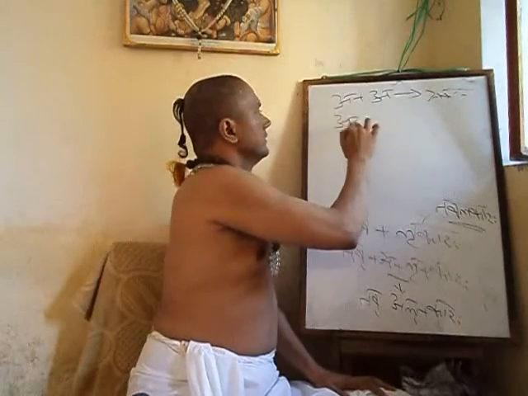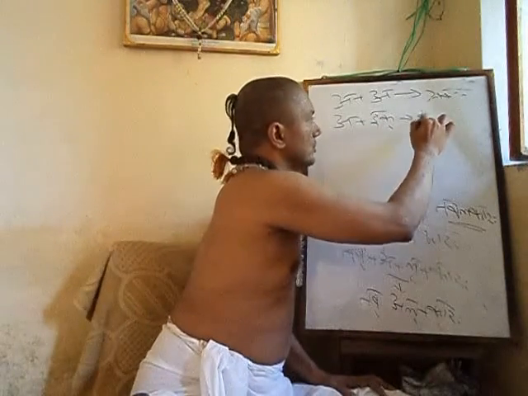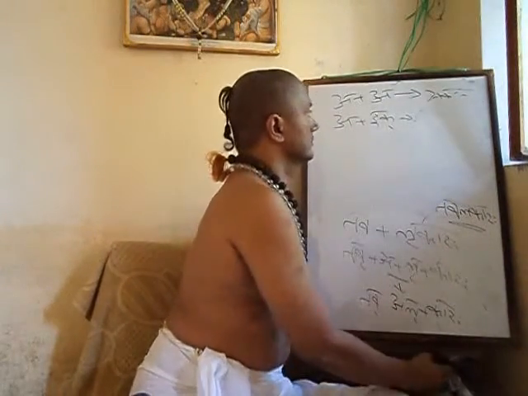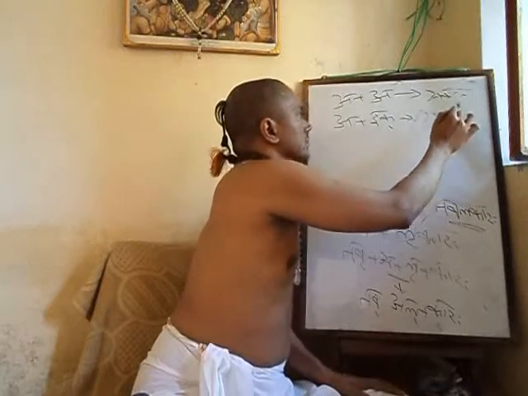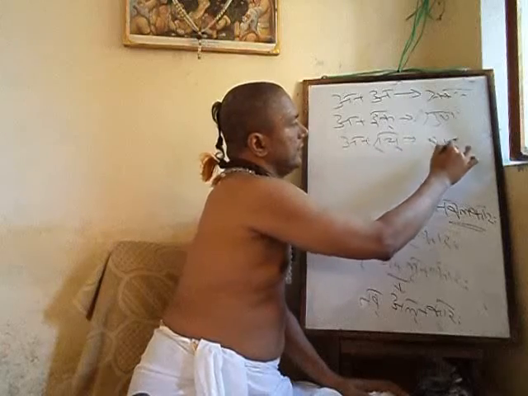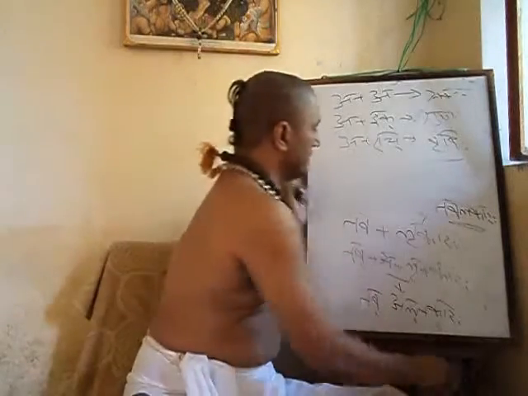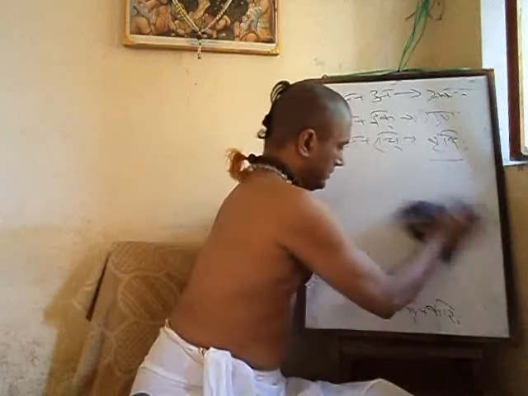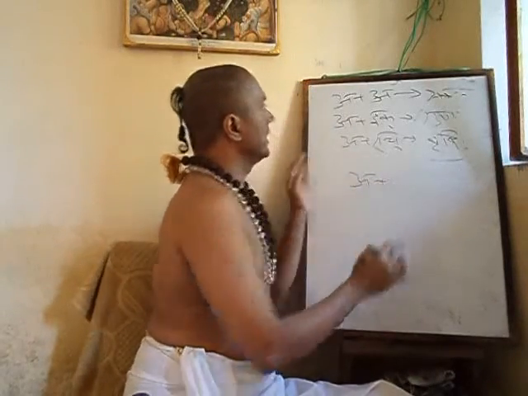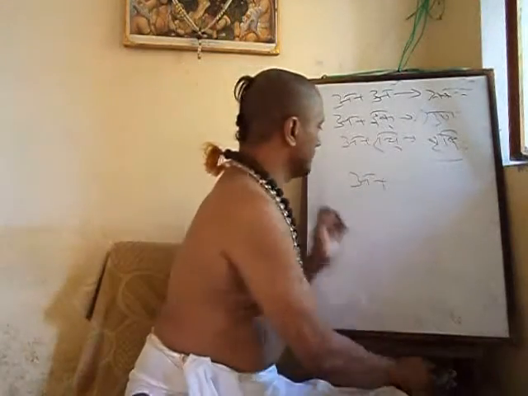Then A plus Ik, Iko Gunaha. Then A plus Ech, Vriddhi. This we have seen. And on this side also, I will leave A plus A. I will have Ik plus Achi.